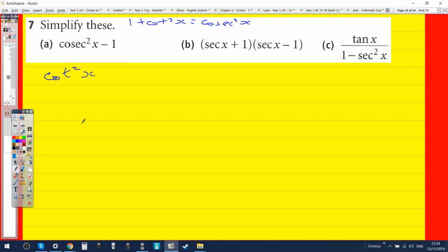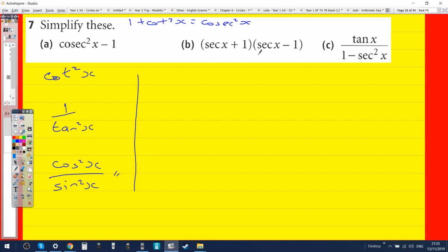And so that's cot squared x and 1 over tan squared x. Sorry, 1 over tan squared x. And that's the simplest one. It's cos squared x over sin squared x, because it's just cos and sine as opposed to a reciprocal one.